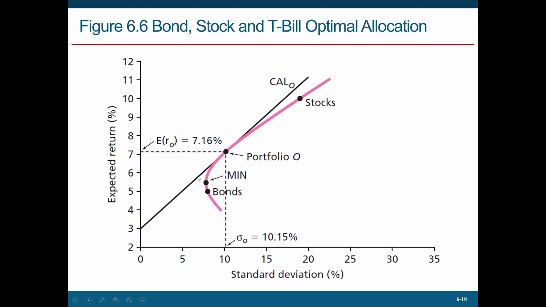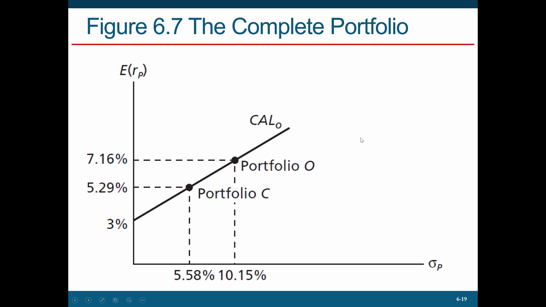So you will be somewhere here closer to portfolio O. So our allocations across O and risk free would be different, but we will be on the same capital allocation line, CAL O, right? So now we have actually identified a single portfolio that is best for all investors. This is this portfolio O.